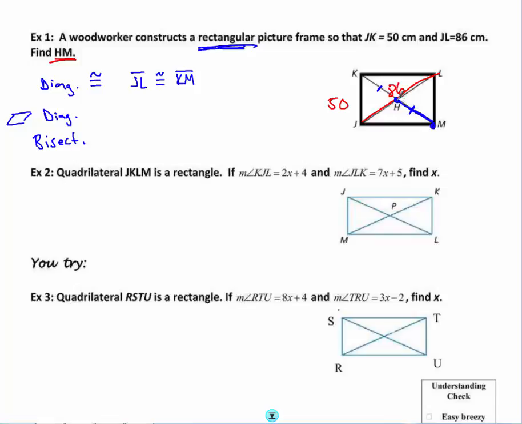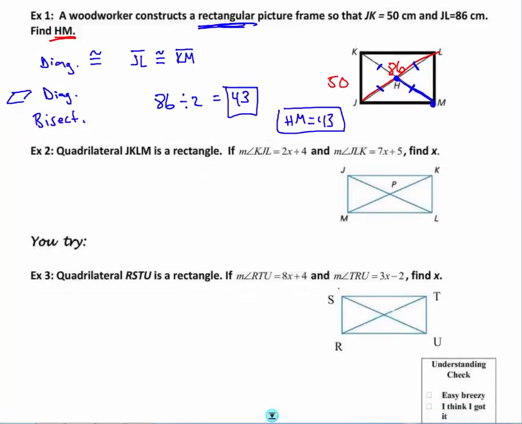But we also know that this distance, HJ, is the same as this distance, HL, and that all four of them are the same length because JL and KM are the same length. So if they're both split in half, all their halves would be the same length. So 86 split in half is 43. Okay, so all of these are 43. So HM equals 43.